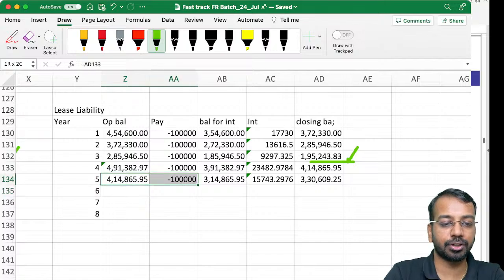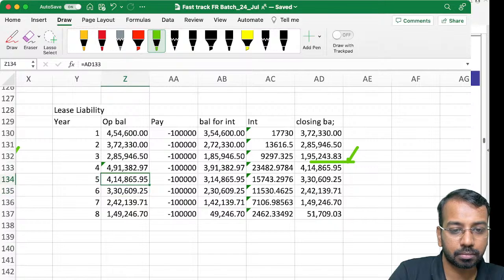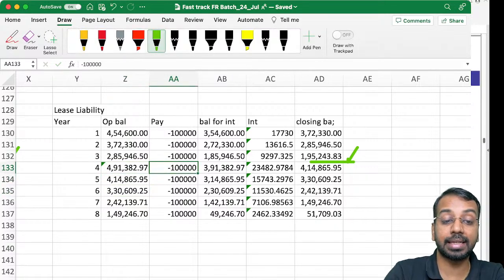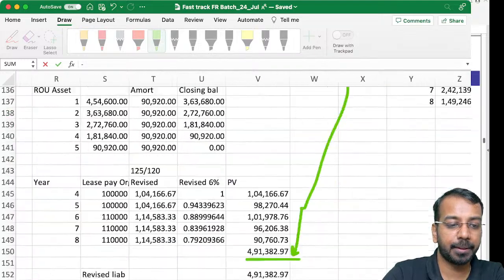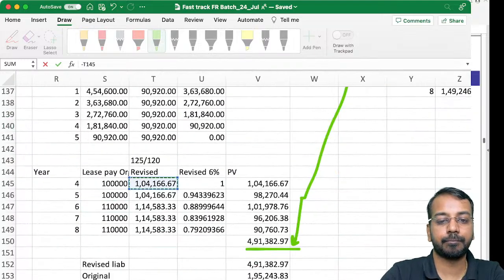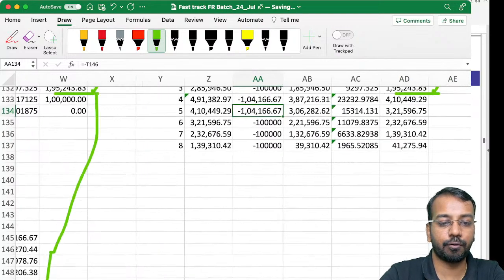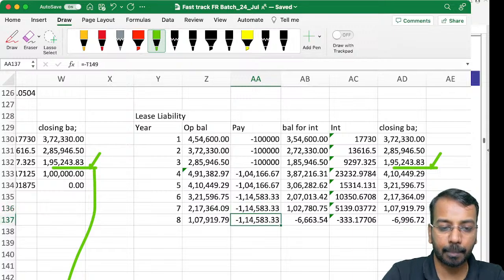When you do the calculation, the payment also has changed. I wrote 100,000. The payment has to be 104, then 104, then 114, 114, 114. Where did I miss it?